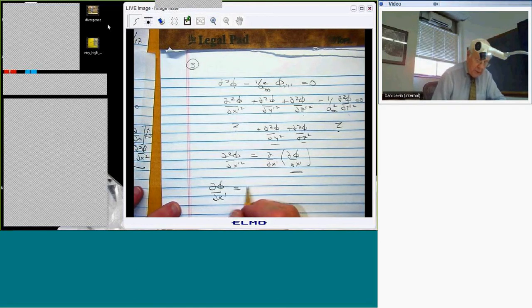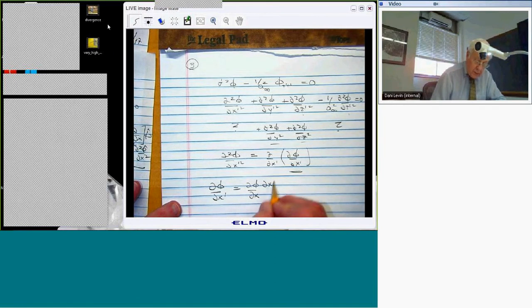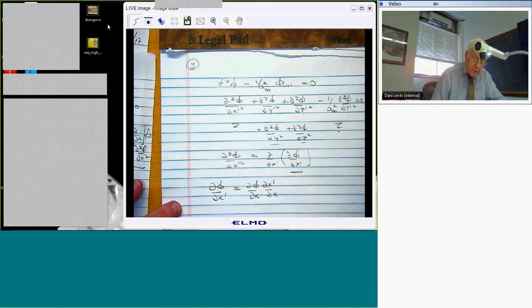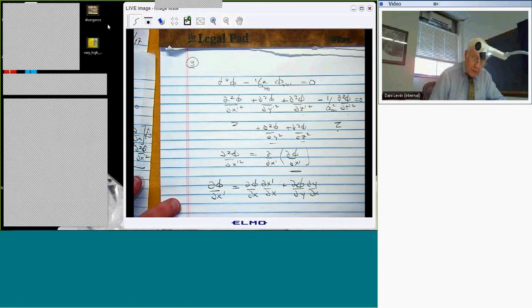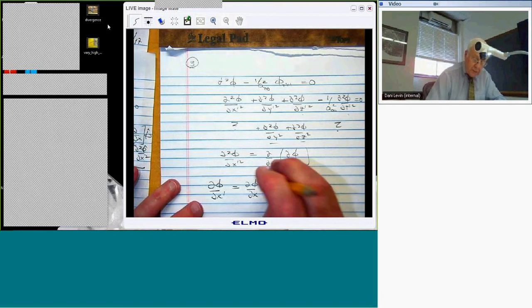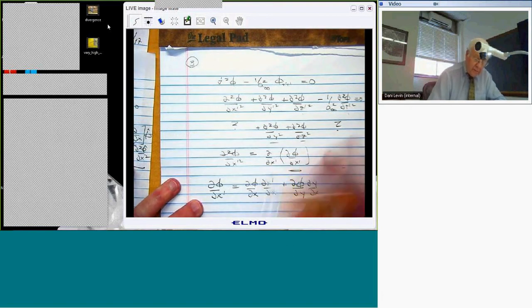Well, it's the partial of phi with respect to x times the partial of x with respect to x prime, plus the partial of phi with respect to y times the partial of y with respect to x prime, and so forth.